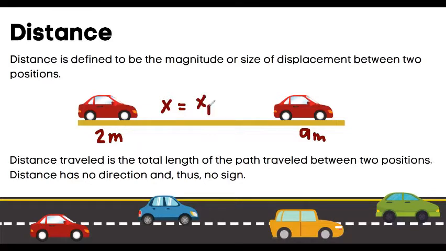So the final position plus the initial position, we can say that this is just equal to 11 meters. So that's the difference between displacement and distance.